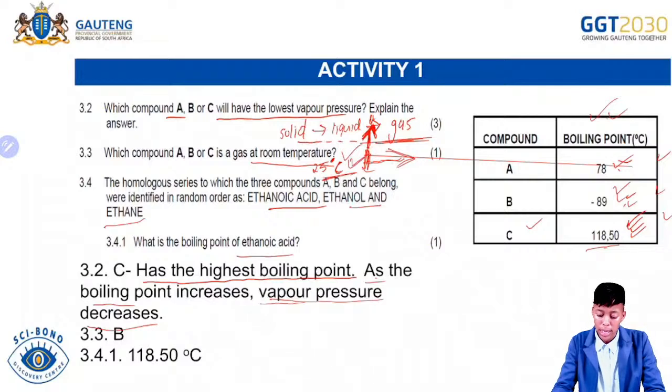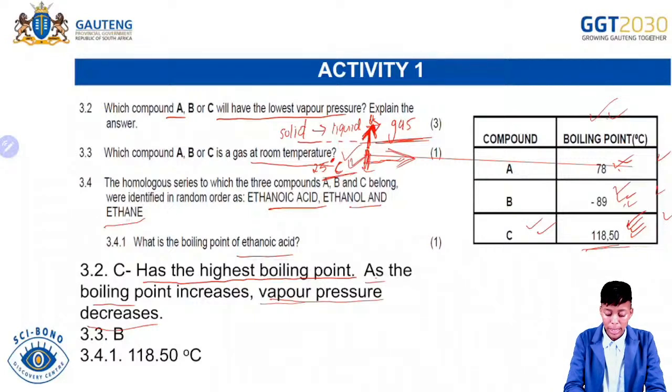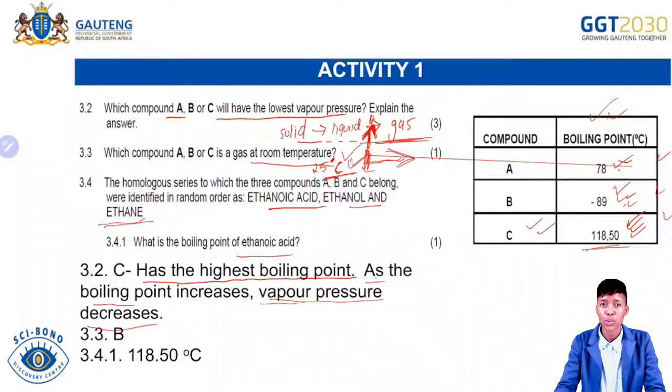So how do we approach this one? The boiling point of ethanoic acid will be the 118.5. Why? Because in terms of strength, you need to remember the order: London forces, then dipole forces, and then our hydrogen bonds. The one that will have the lowest boiling point will be your ethane, which falls under your London forces.